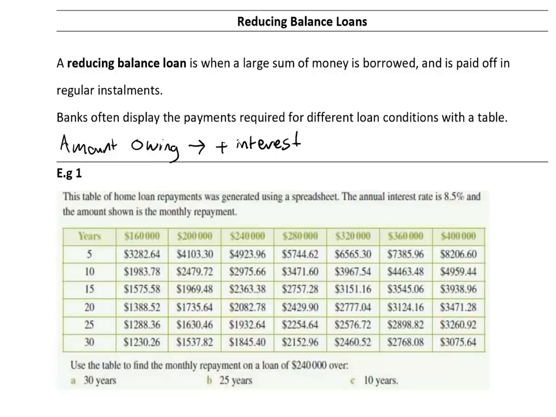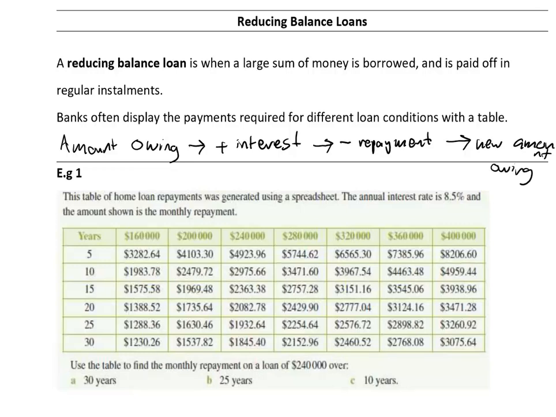Then after the interest is added, we pay off our regular installment, so take away the repayment. And then you're left with a new amount owing.